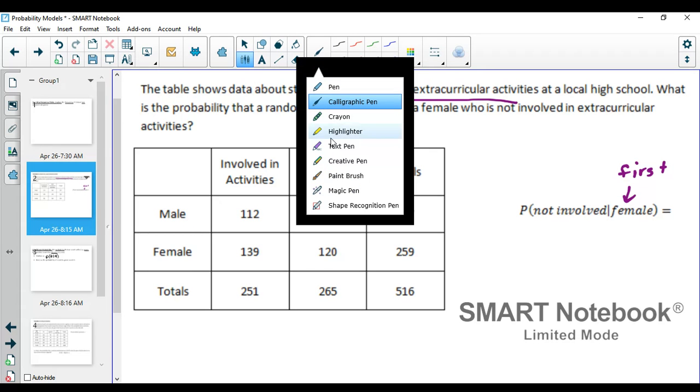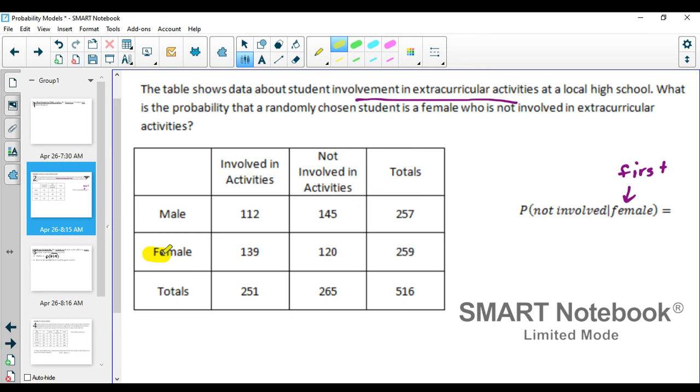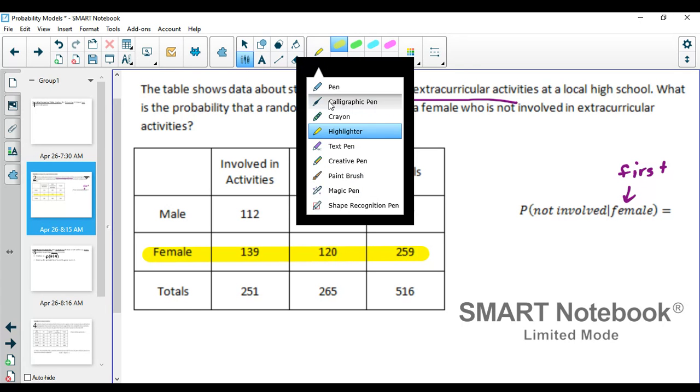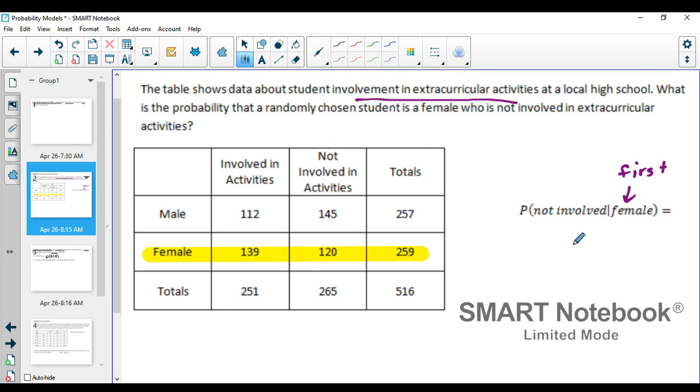I'm going to highlight those. So we're looking at just the females, right? And then we're looking at the females not involved. This is the second thing we look at. The total number that we're using is that there are 259 females, so that is our denominator.